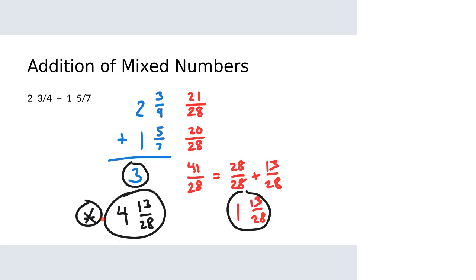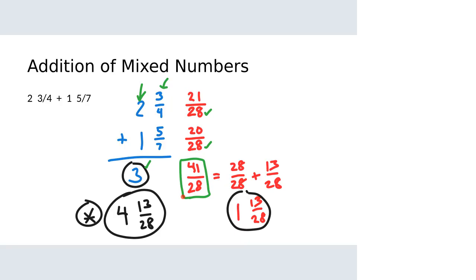The way I did it was I added the whole numbers together to get this 3. I want to add these fractions, but in order to do that, I have to have a common denominator. Okay, well, I'm going to create equivalent fractions that have the common denominator that I'm looking for, and then add those. And now I got 41/28. Well, that's an improper fraction. I'm not going to have an improper fraction as a part of my mixed number.